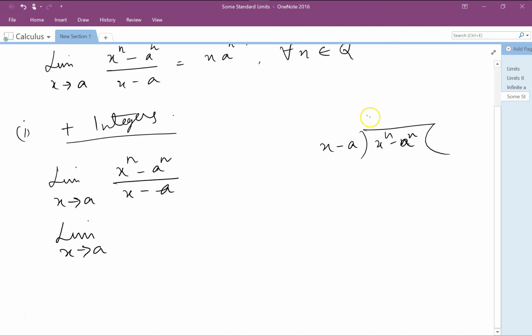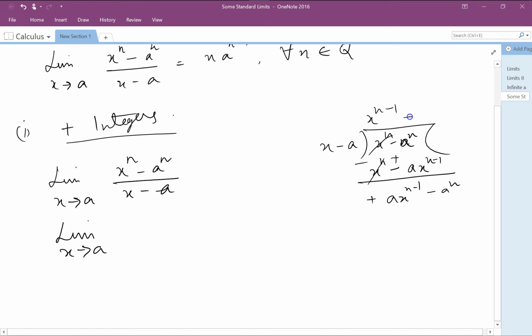You have to multiply it with x to the power of n minus 1. So when you multiply it, you will get x to the power of n minus a x to the power of n minus 1, minus plus. So here you are left with a x to the power of n minus 1.